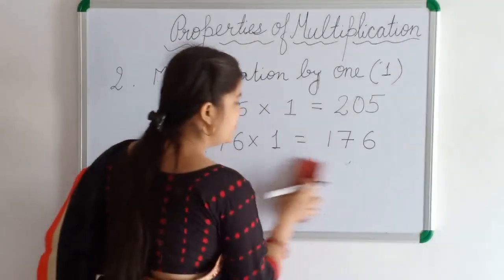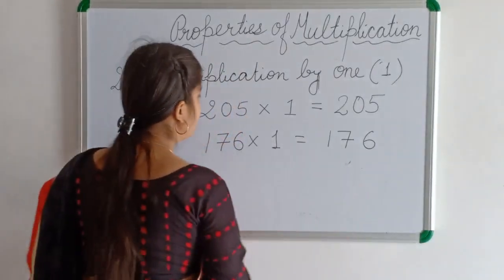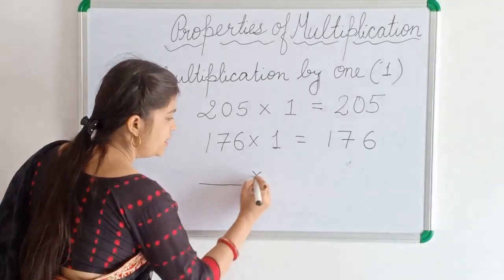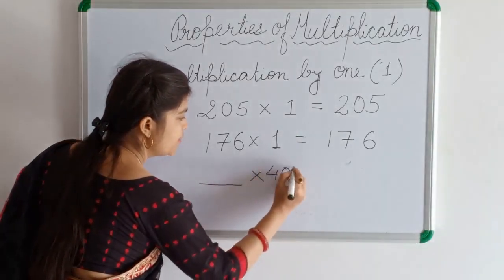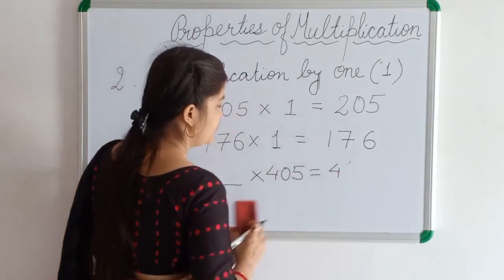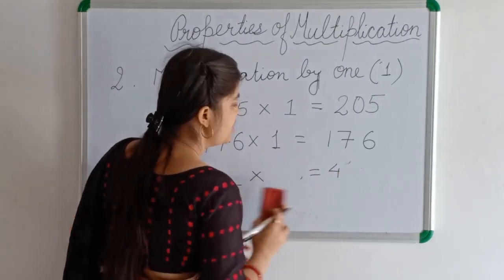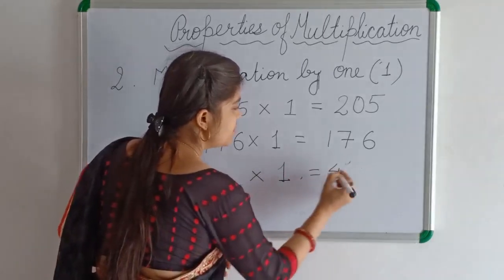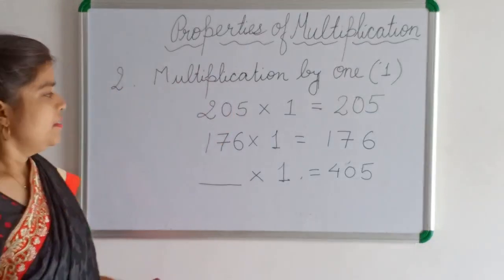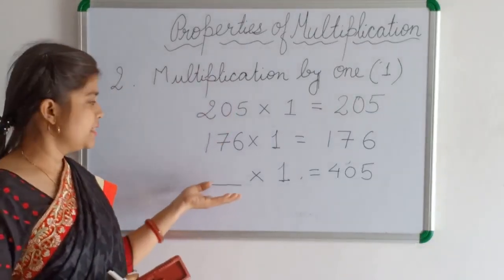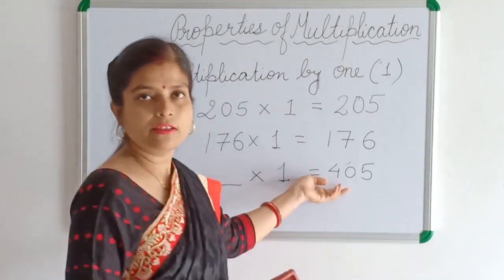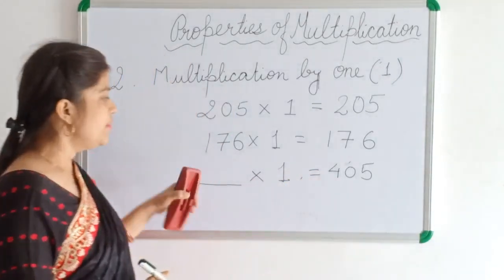Now one more I am giving you here. If it is written like this: dash into 1 is equal to 405. So here there is a fill in the blanks for the multiplicand. The multiplier is 1 and the product is 405. So what will I write here?